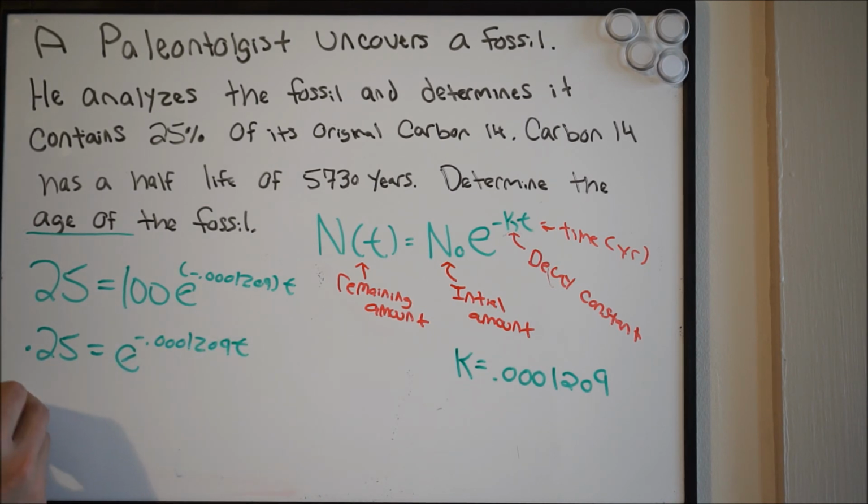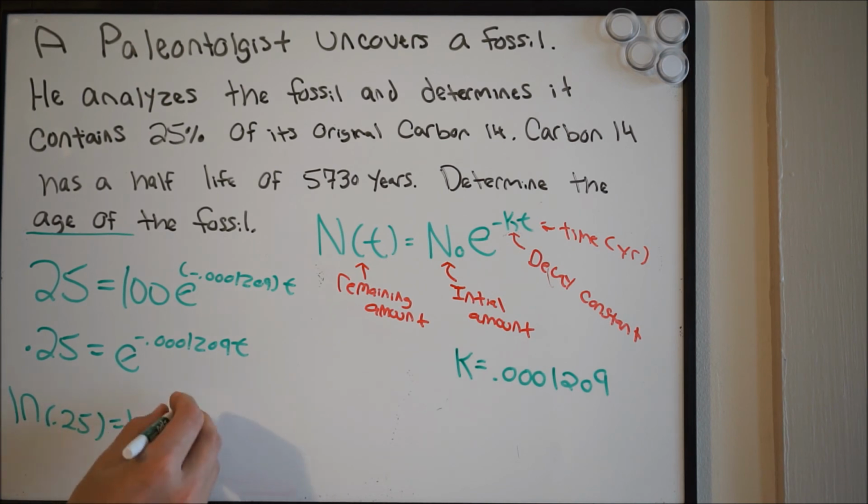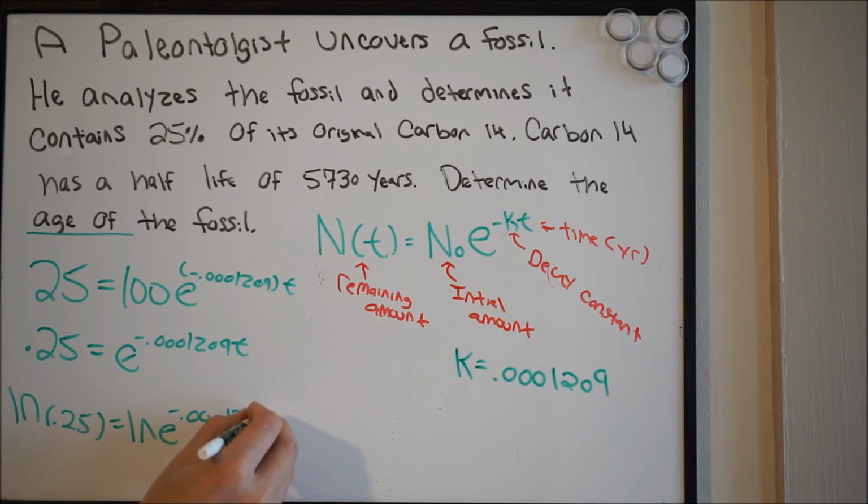All right, so we're going to take natural log on both sides. So we'll do natural log of 0.25 equal to natural log e, again, negative 0.0001209t. Again, this will cancel out.